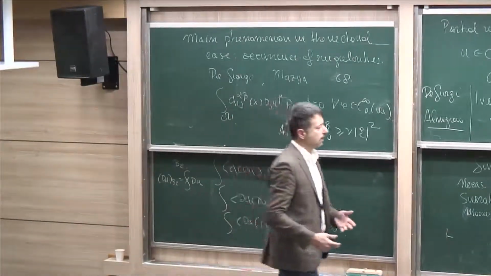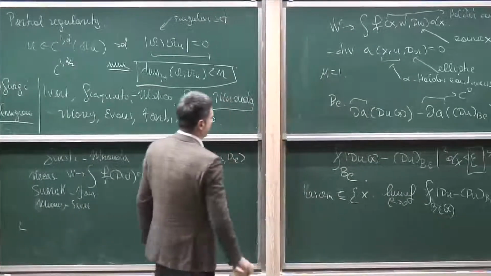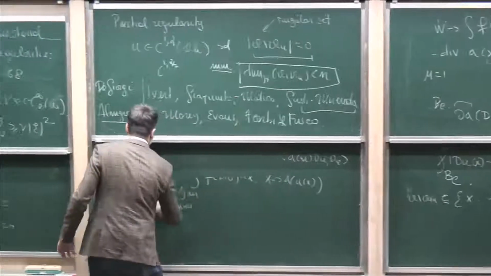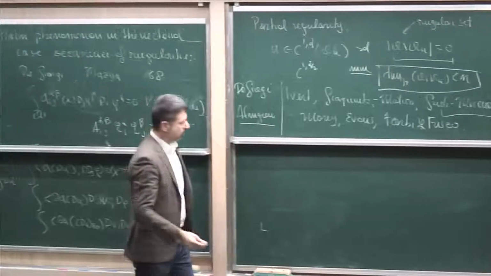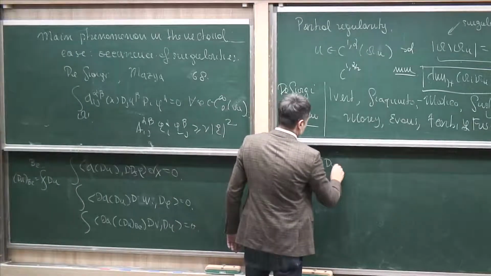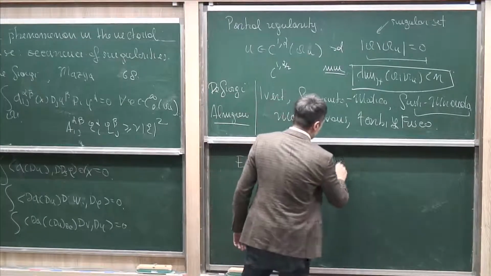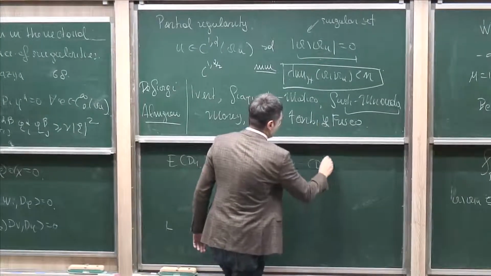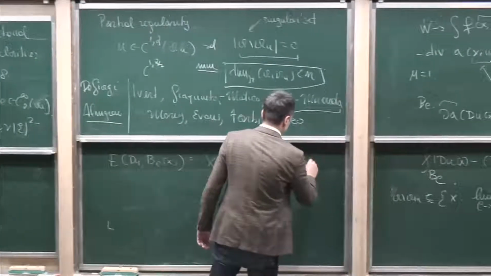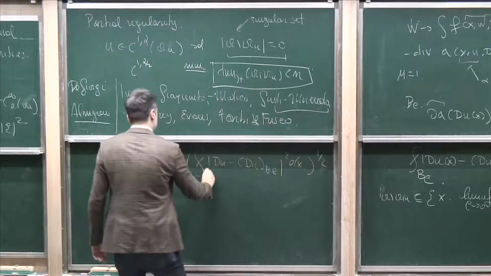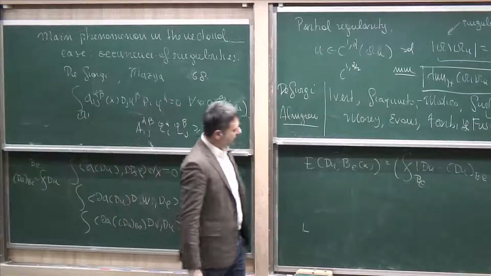And in fact, the typical partial regularity statement is made in the following way. You introduce this quantity, which is called the excess functional. So the excess functional at one point with respect to one ball is essentially the mean square deviation of the gradient from its average. And then what happens?